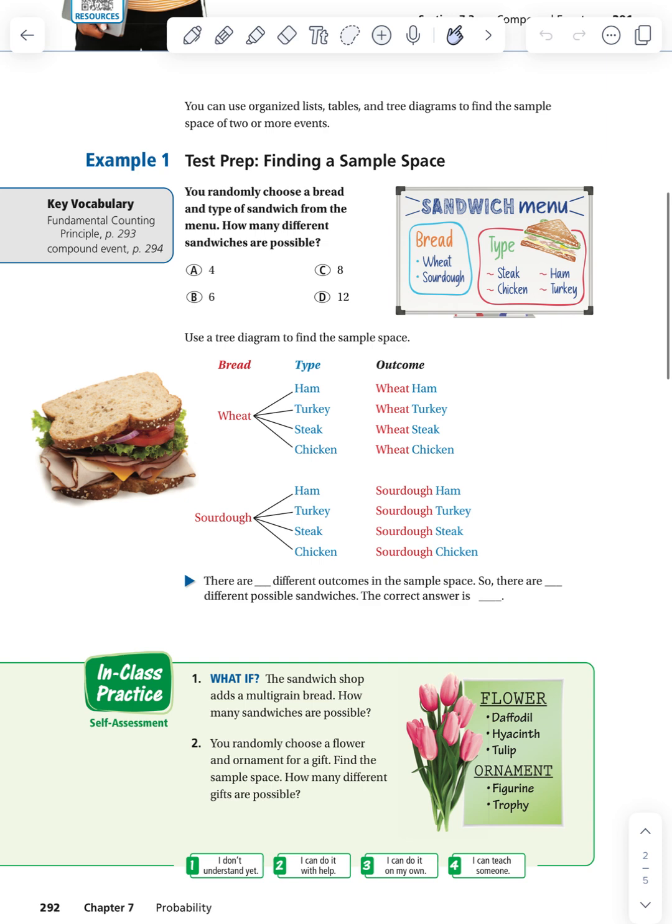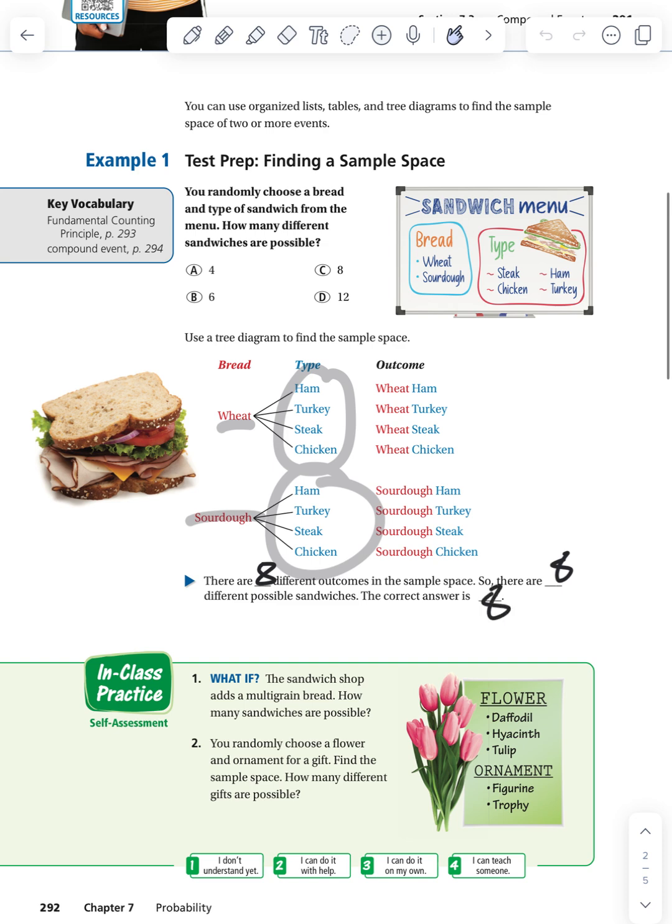Well, there are 2 types of bread, and then there are 4 types of sandwiches. So we have our wheat bread with all 4 types of sandwiches, and then we have our sourdough bread with our 4 types of sandwiches. So there are 8 different possible sandwiches because there were 8 different outcomes in the sample space. So the answer is 8.